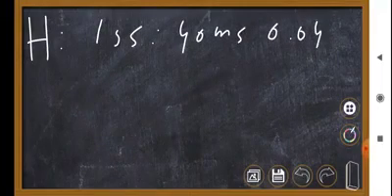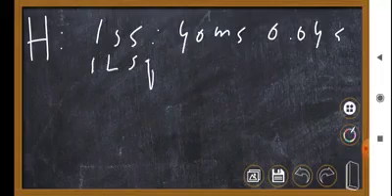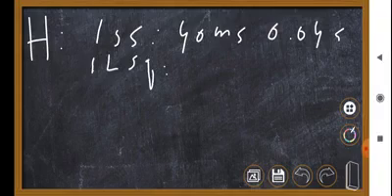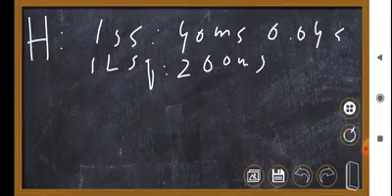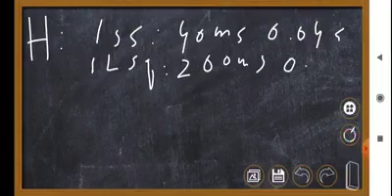So to sum up, horizontally speaking, one small scale is equal to 40 milliseconds or 0.04 seconds. One large square is equal to 200 milliseconds or 0.2 seconds.